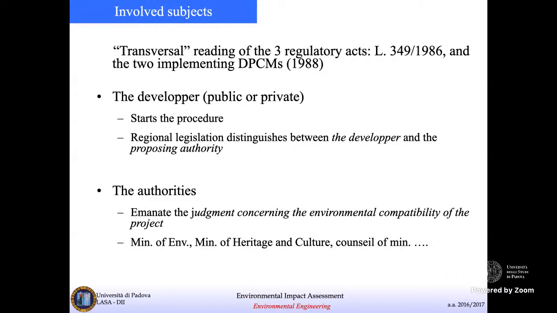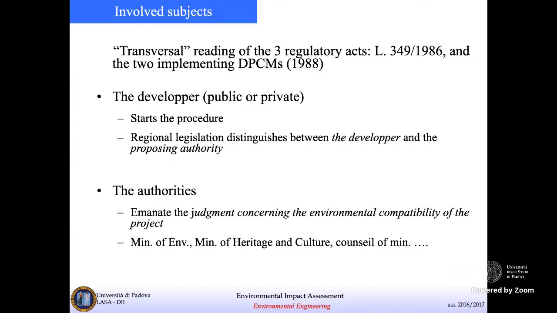By a transversal reading of this large amount of legislative outcomes, so the three regulatory acts, that of 1986 and the two implementing DPCM of 1988, we sort out that the involved subjects are, first of all, the developer, that may be public or private, that starts the procedure.